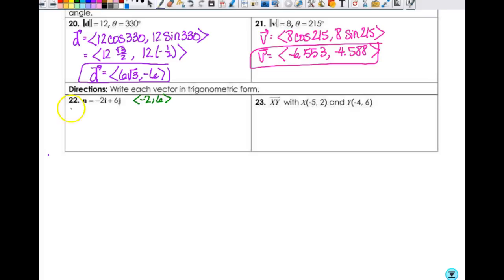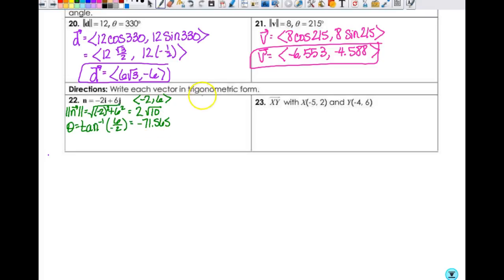angle. So the magnitude of n is equal to the square root of negative 2 squared plus 6 squared. And that gives me 2 square root of 10. Theta is equal to the tangent inverse of 6 over negative 2, which the calculator gives me negative 71.565, but pay attention to your quadrant.